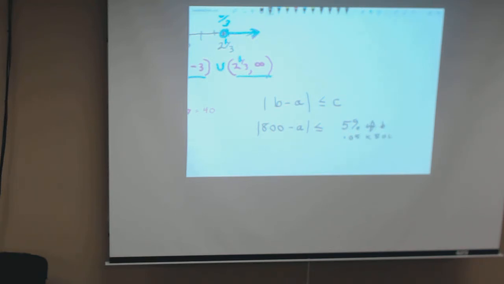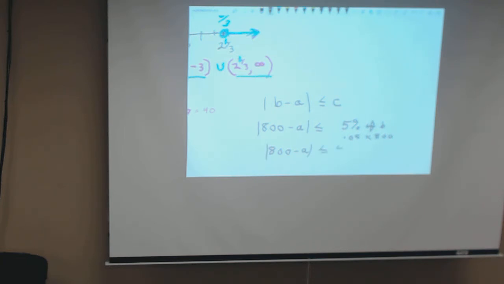What's 0.05 times 800? $40. So I have 800 minus A is less than or equal to 40.